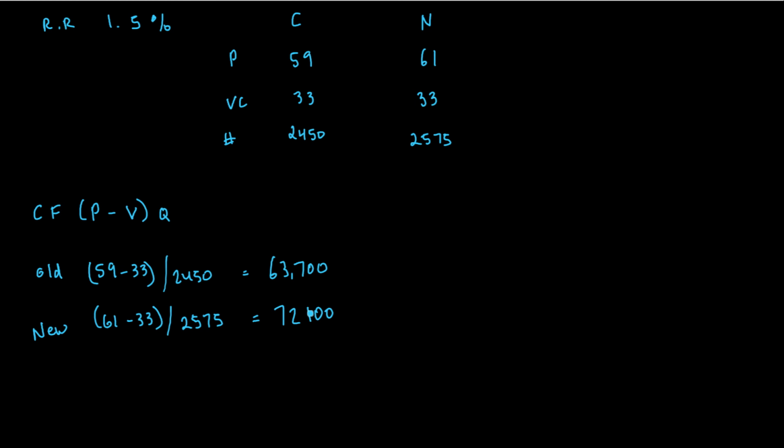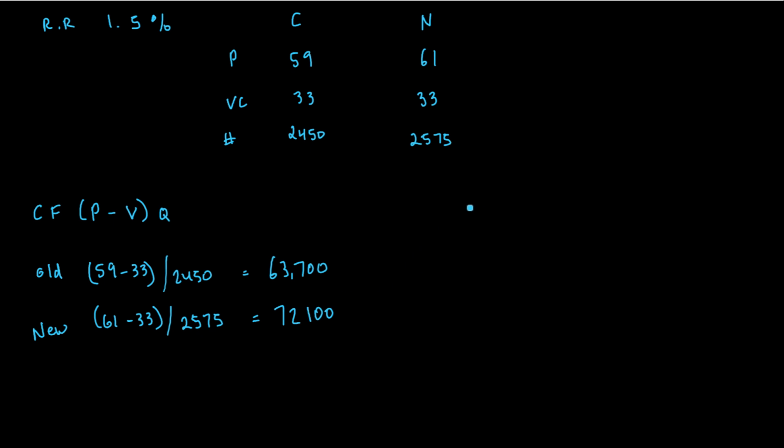So now what we need to do is figure out what is the incremental cash flow, right? Now we need to recognize that this incremental cash flow is going to be a perpetuity, right? So the cost of initiating the new credit policy is as follows.